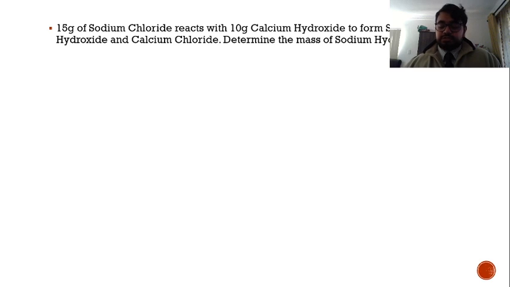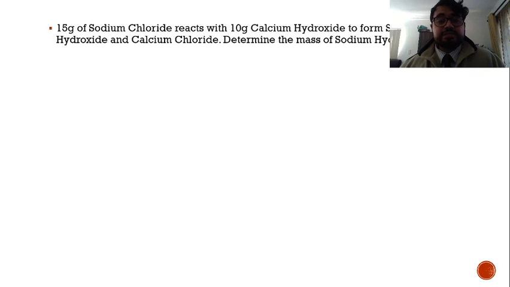So what I suggest you write down is the chemical formulae for our compounds. So we have sodium chloride, which is NaCl.